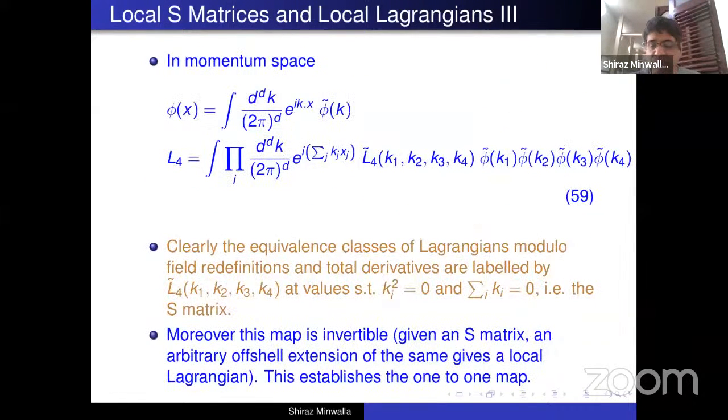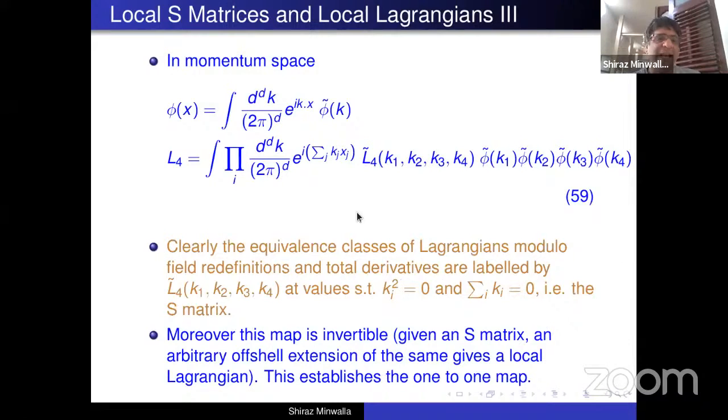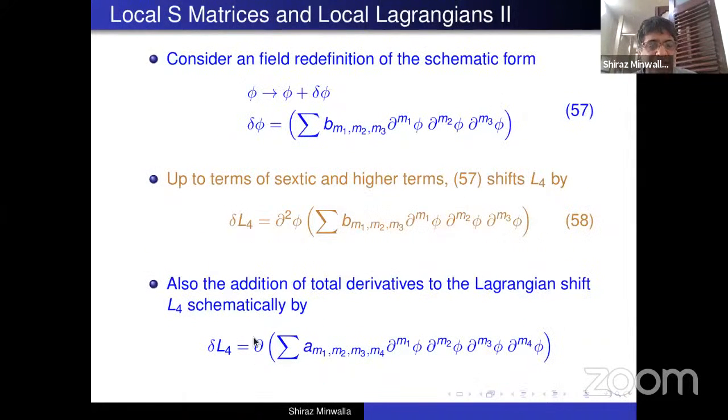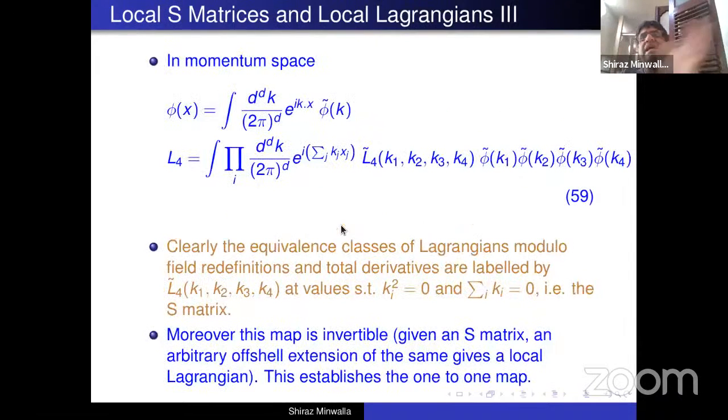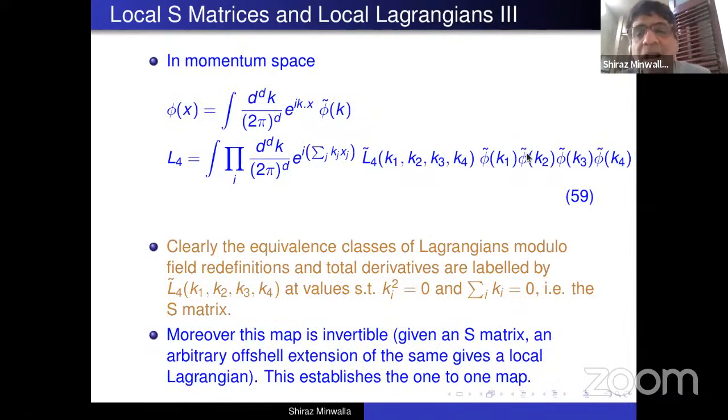Okay, but now what are these two operations in momentum space? In momentum space, our Lagrangian can be written in this form, and the first operation, namely taking a total derivative, would be multiplying this Lagrangian by k1 plus k2 plus k3 plus k4. And the second operation, namely doing our field redefinition, would be adding terms where at least one of these terms had a k1 squared attached to it.